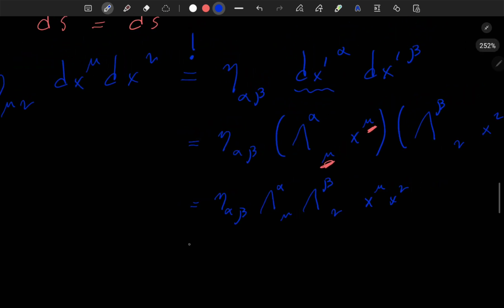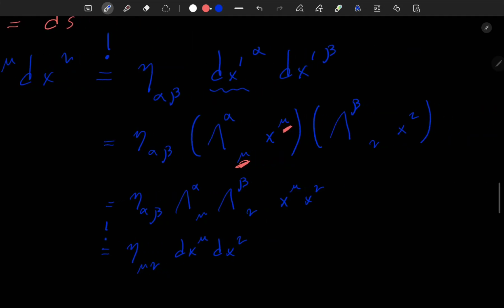And remember, we're insisting that that is the same thing as the original ds. This is supposed to be true for any translation. Oh, apologies, these are infinitesimal. For any such infinitesimal translations.